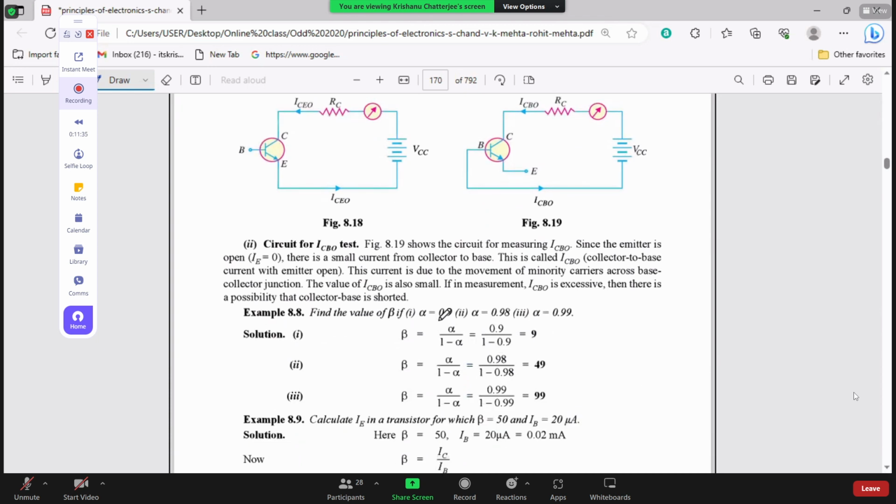If the value of alpha is 0.9, the value of beta is 0.9 by 1 minus 0.9, that is 9. If the value of alpha is 0.98, there is a change of 0.08, and the value of beta becomes 49. And if the value of alpha is 0.99, there is a change of 0.01 only, and the value of beta becomes 99.